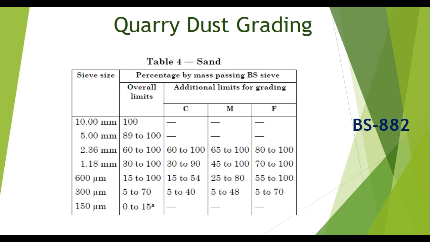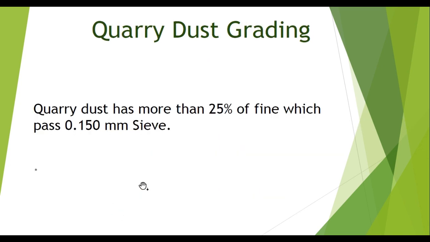This is the required specified region for the fine aggregate. You can see that at 150 micrometer the requirement is 0 to 15, but in the quarry dust it has about 25%.